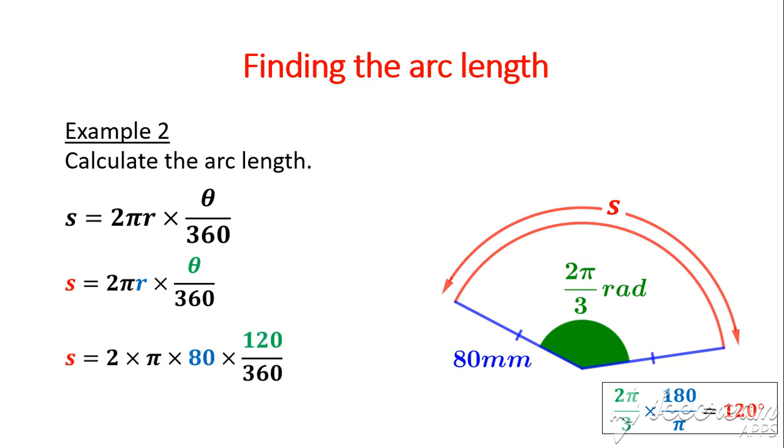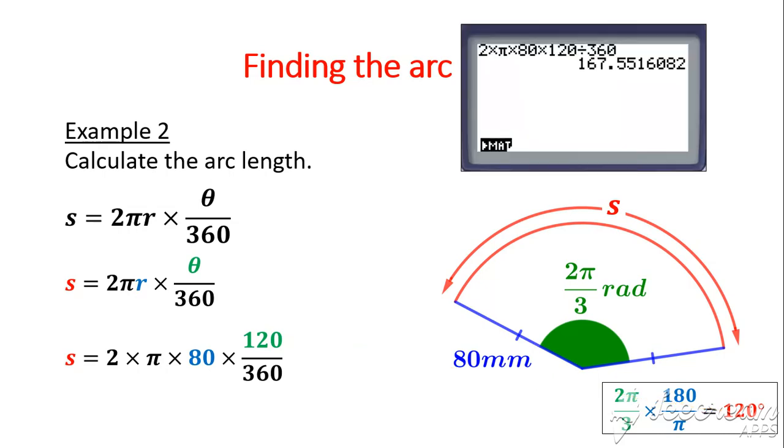So 2 times pi times 80, which is the radius, times 120. Remember, we're using an angle in degrees here, divided by 360. That gives me an answer of 167.55 millimeters, and again I've rounded my answer to 2 decimal places. So the arc length is 167.55 millimeters.